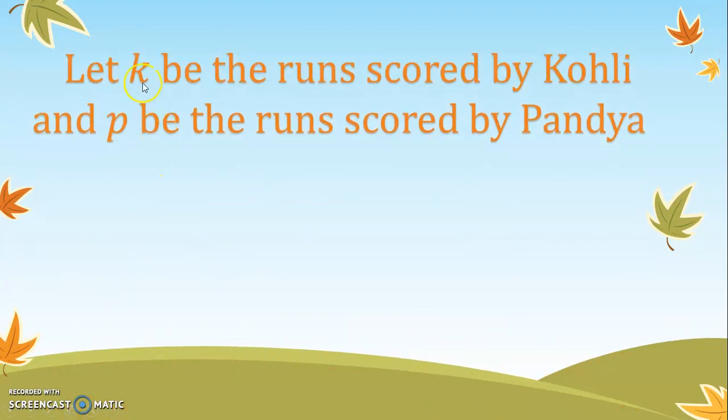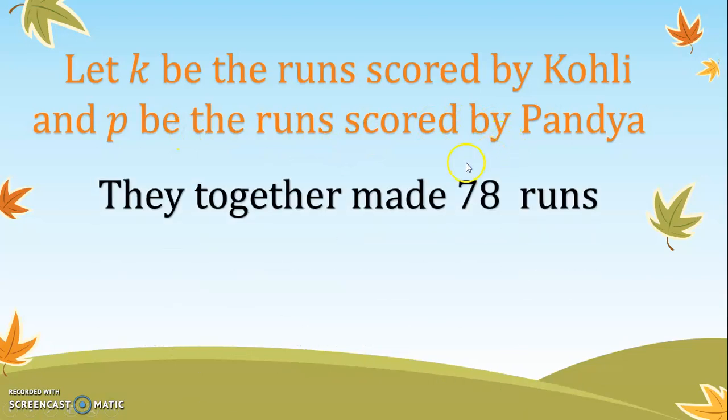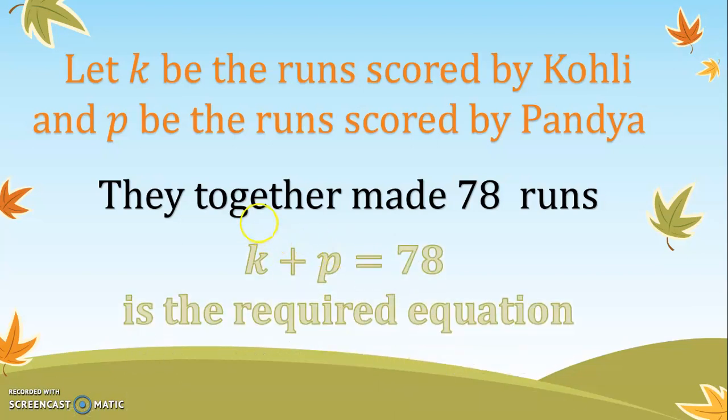So let k, the variable, be the runs scored by Virat Kohli, and p, the variable, be the runs scored by Pandya. We have seen they together made 78 runs. That is, there was a partnership of 78 runs. Together means if we add both of their runs, we get 78.